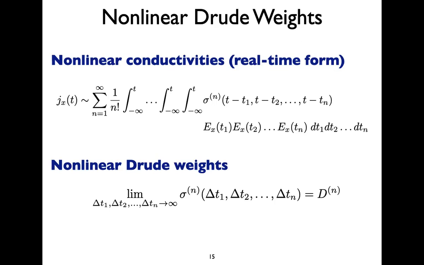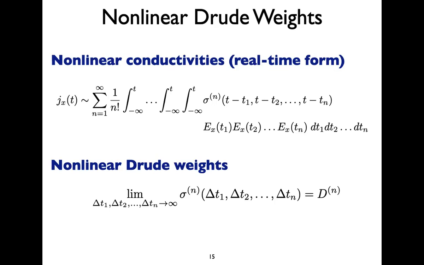For example, the nth order term involves n electric fields at times t1, t2, up to tn. Then there is a response function, the nth order response function with delay times t minus t1, t minus t2, up to t minus tn. And you have to integrate over t1, t2, tn.